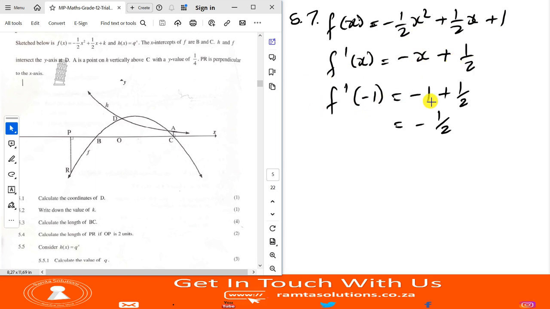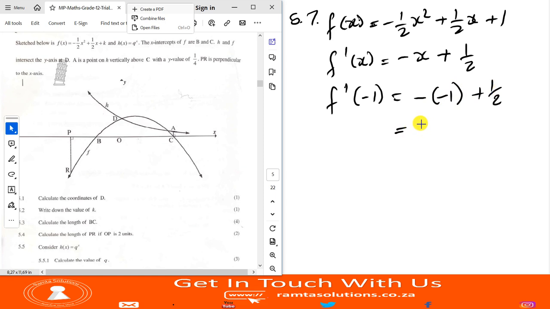Perfect. So this was minus 1. So where x you put minus 1, what is this? This is positive 3 over 2. So the tangent is supposed to be like this. So positive gradient, I'm happy with it.